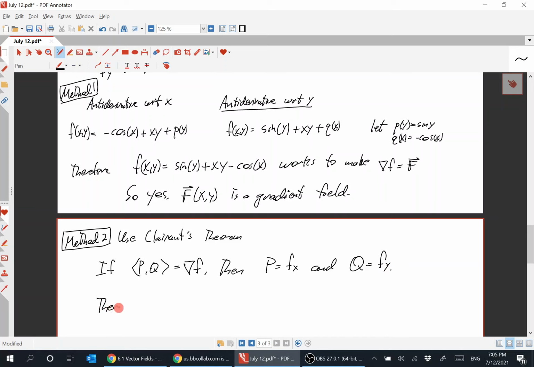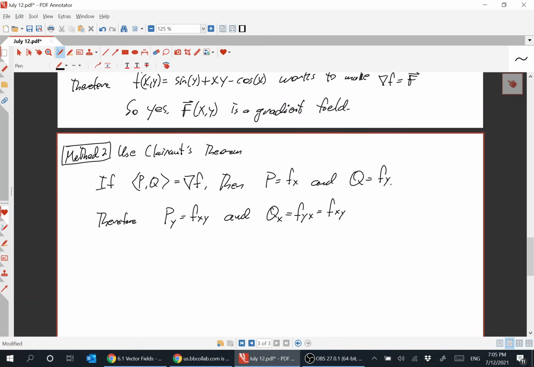Therefore, the derivative of P with respect to y would be equal to f_xy. And the partial derivative of Q with respect to x would be f_yx, which should be equal to the partial of f with respect to x, and then with respect to y.